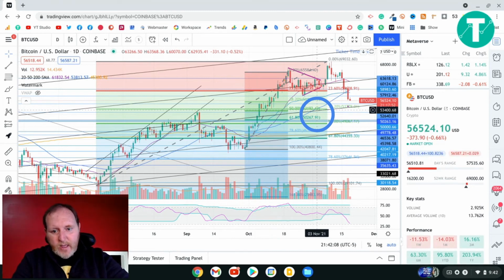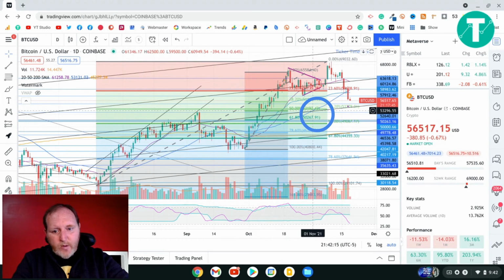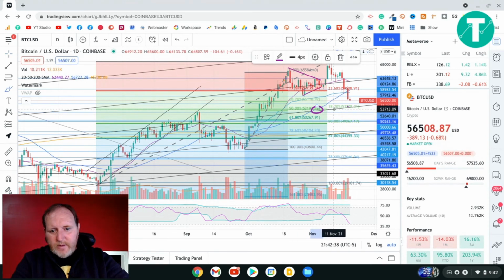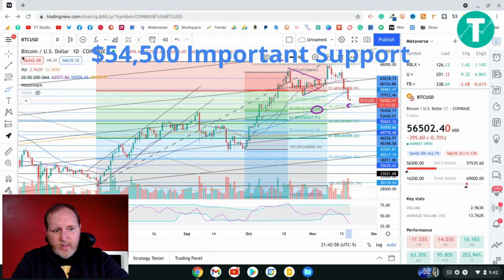These two areas together would also act as a pretty strong support area for Bitcoin. Now, if we move forward in time along this trend line, we get right here on this trend line to about 54,500. Let me put a little circle right here.